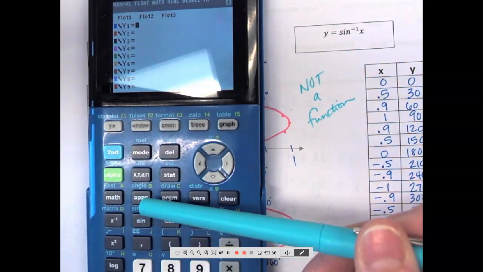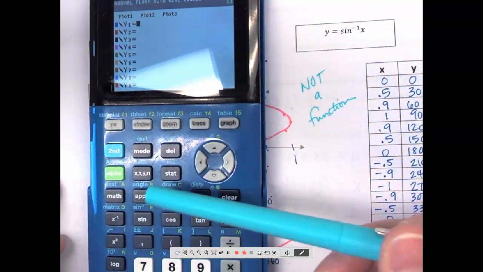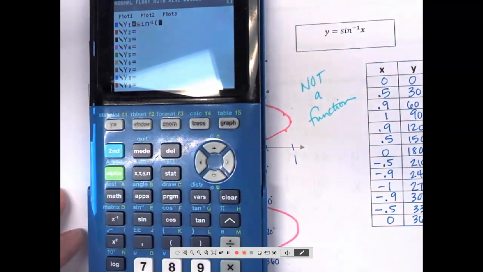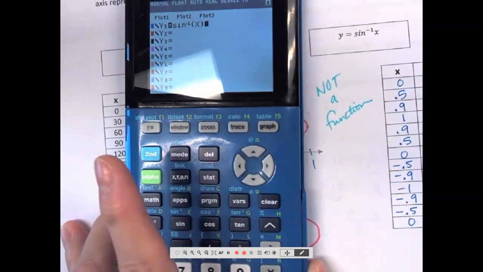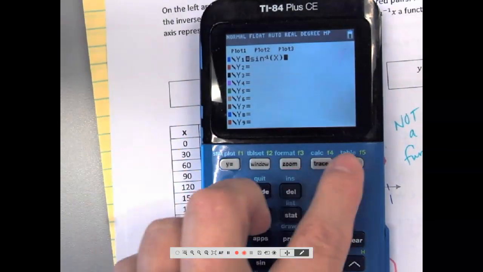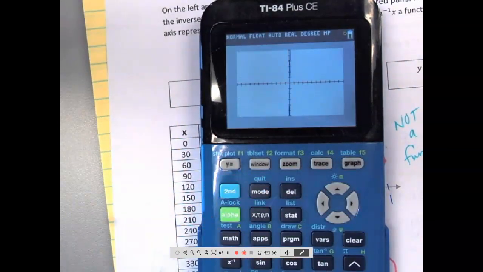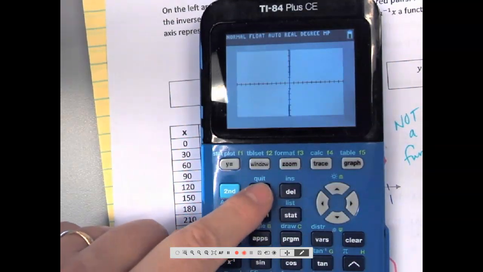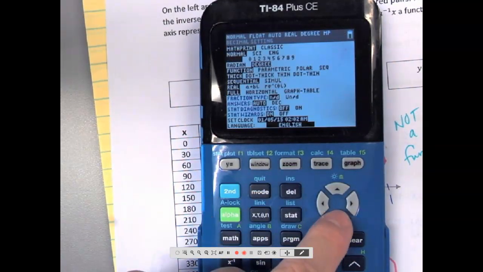See it above sine? That's sine inverse. So I'm going to go second sine of x. So that means not a -1 exponent, but it means the inverse of sine function. And we graph it. Oh, I'm in degree mode, and you might be also. Go to mode and make sure you're in radian.